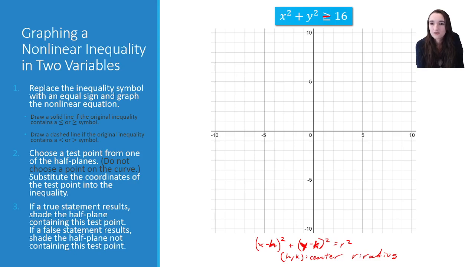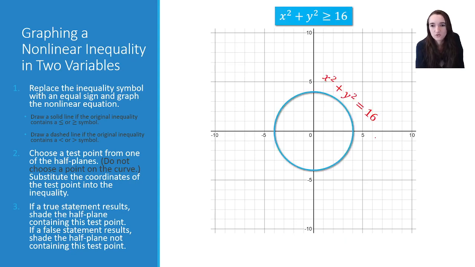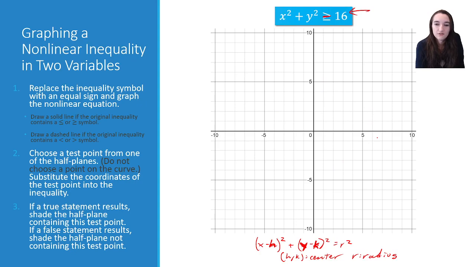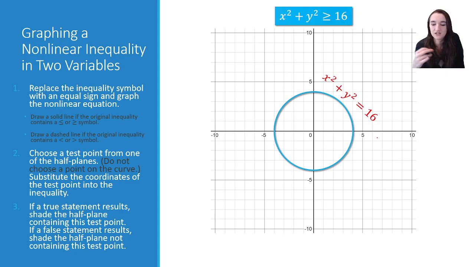This is r squared, which means if r squared is 16, then r has to be 4. So we get a circle with radius 4 centered at 0, 0. Again, if it's x squared plus y squared, it's a circle centered at 0, 0. Then square root the radius squared to get the actual radius of your circle.